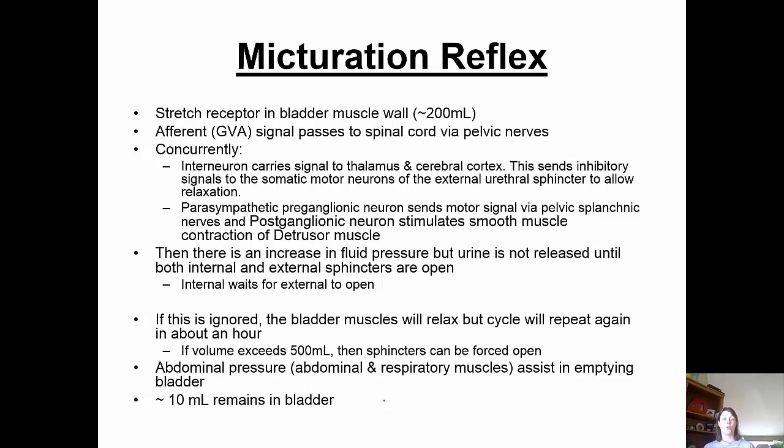Alright, so now that we've got all the urine into the bladder, because it's gone from the ureter to the bladder, then it's going to need to empty.